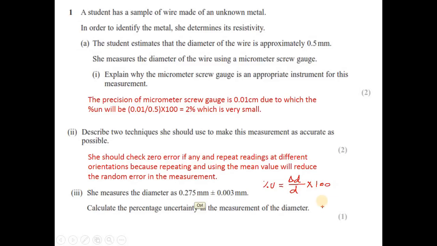That's how you find the percentage uncertainty. So you can calculate 0.003 divided by 0.275 multiplied by 100. It gives you 1.1%. This is percentage uncertainty in the diameter.